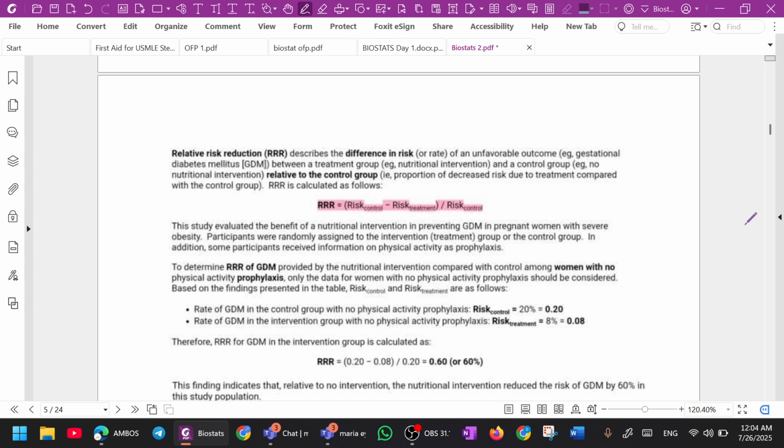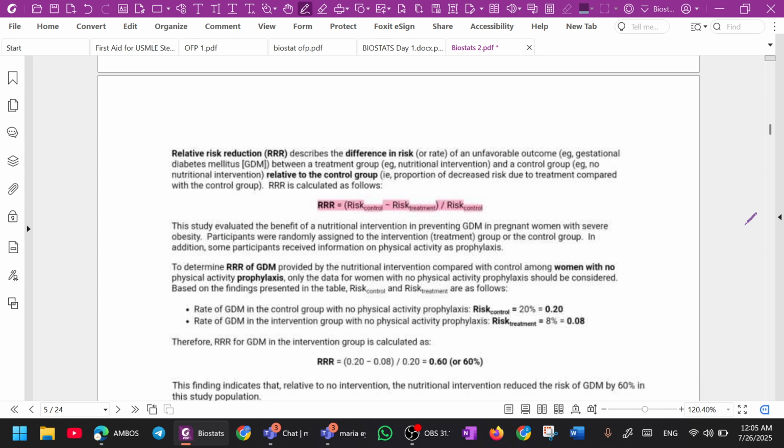Then you divide it by the control rate, the 20. So 12 divided by 20 will give you 0.6, and that's how I got the 60. Relative risk reduction is ARR over control. We had a question like that yesterday, and that's how I got the formula.